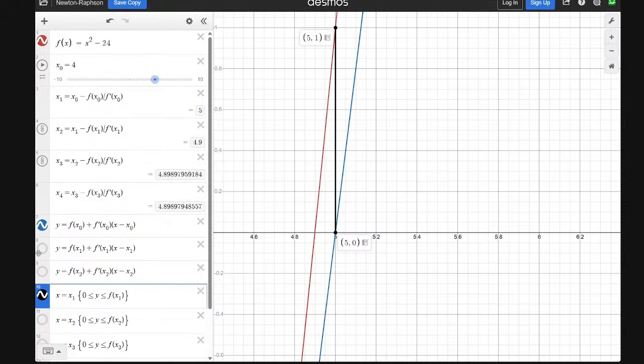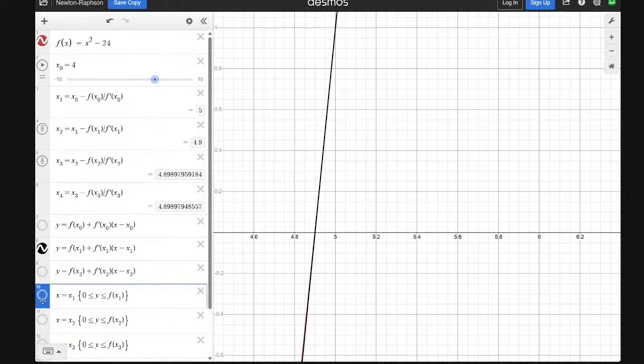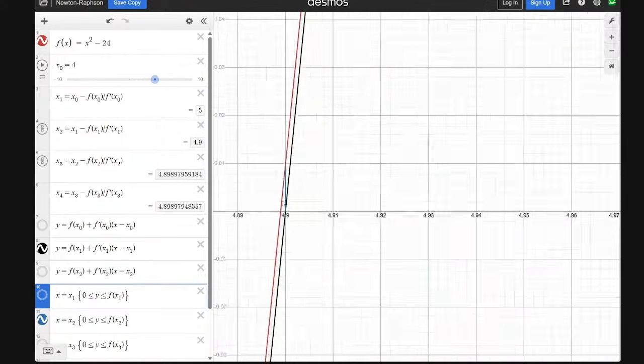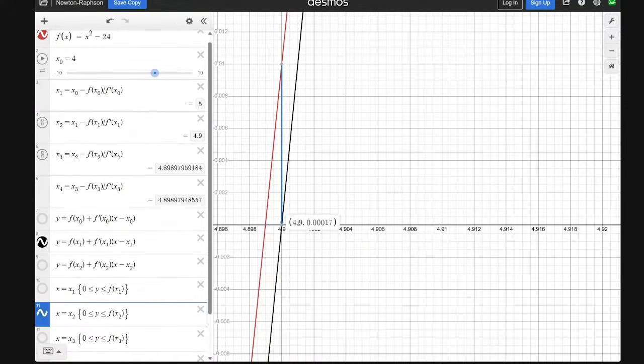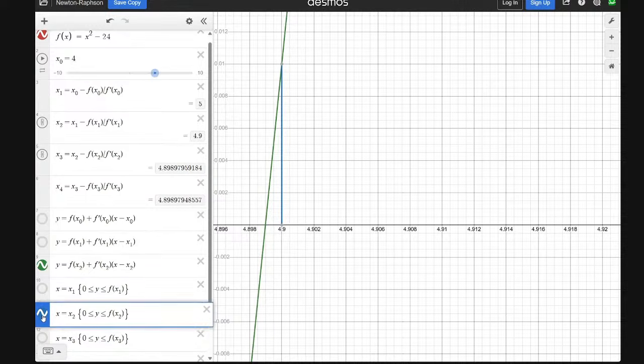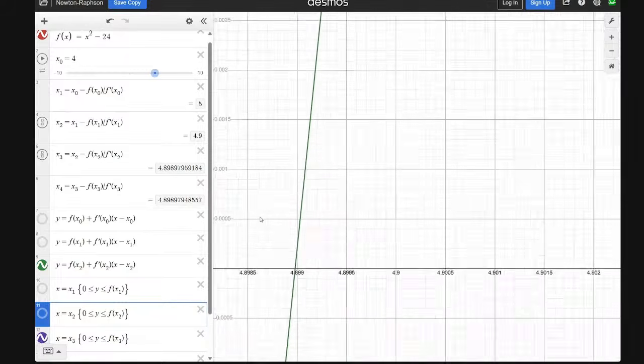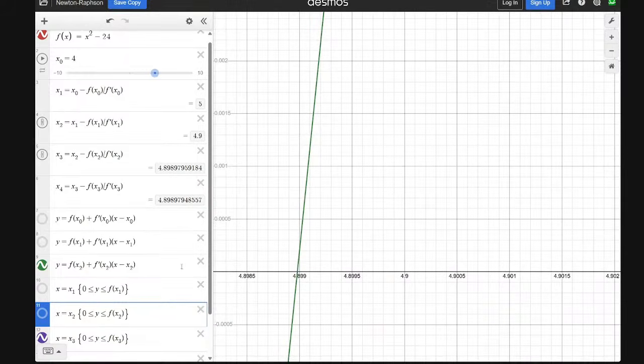Now we will be drawing a tangent at this point 5 comma 1, which is represented by the black line in this graph. So now as you all can observe, this meets the x-axis at x equal to 4.9. Now we repeat this procedure by drawing a tangent again at x equal to 4.9. Here the green line represents the tangent to the curve at x equal to 4.9.